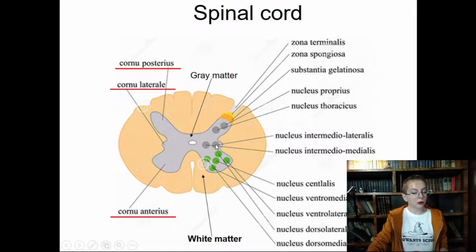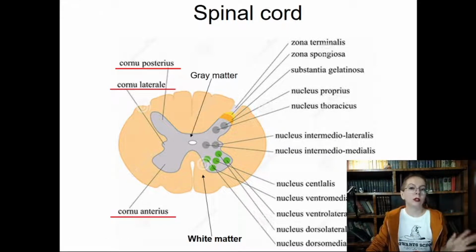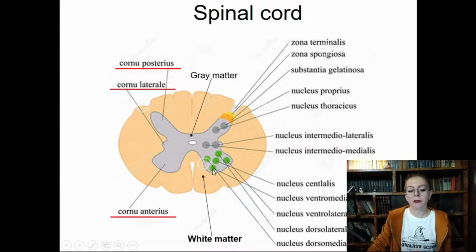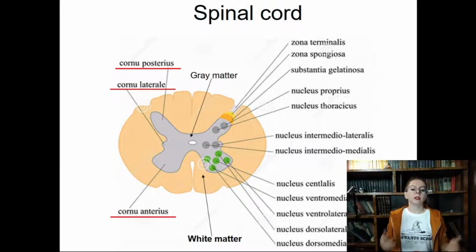Then in the lateral horn, nucleus intermediolateralis and intermediomedialis, lateral and medial, respectively, and in the ventral horn, very easy to distinguish 5 nuclei. They are called depending on their location. So dorsomedialis, ventromedialis, dorsolateralis, ventrolateralis, and the central. Those 5 are present there.